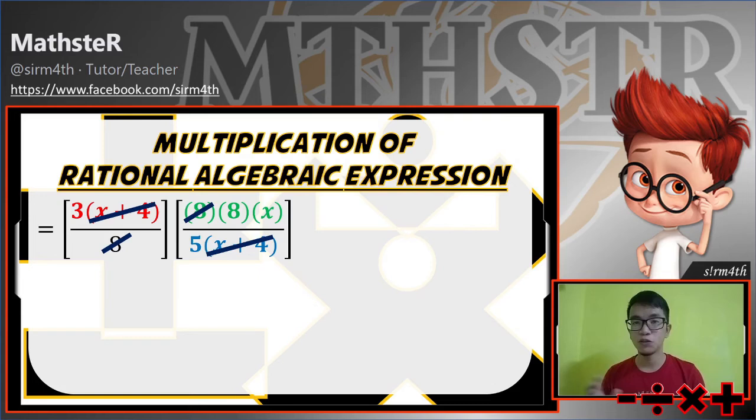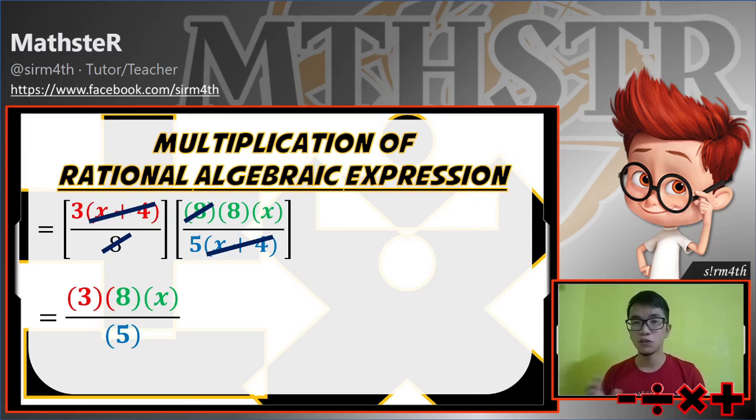Ako, wala na akong nakikita na magkaparehas sa kanila na pwedeng i-cancel natin. So, ang gagawin natin, yung lahat ng number and variable na hindi na-cancel sa kanila, pagsasama-samahin natin. Yung 3, 8, and x na numerator, pagsasama-samahin natin. At yung denominator niya na 5 ay kokopyahin lang natin.